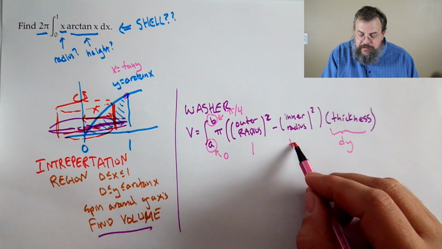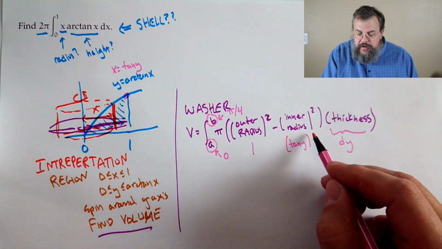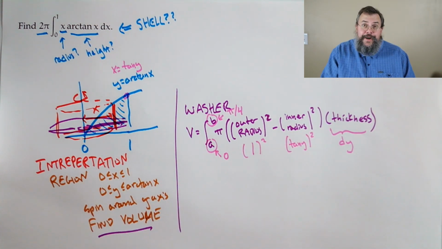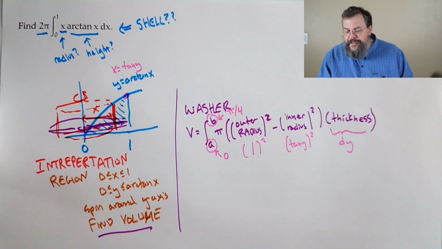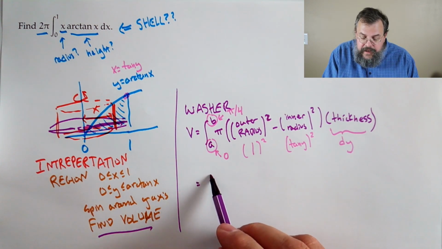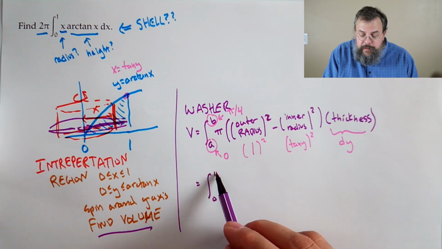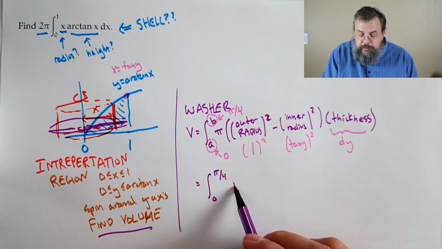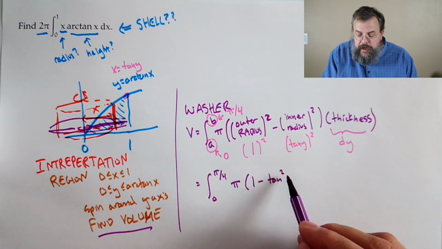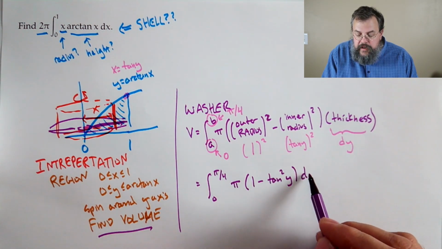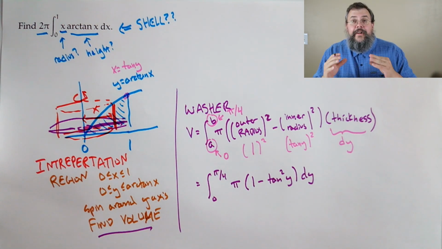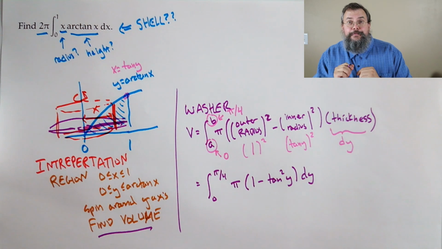So we have tangent of y, and that's being squared. Okay, good. Well, what does that tell us? It tells us that we have the integral 0 to pi over 4 of pi times 1 minus tangent squared y dy.